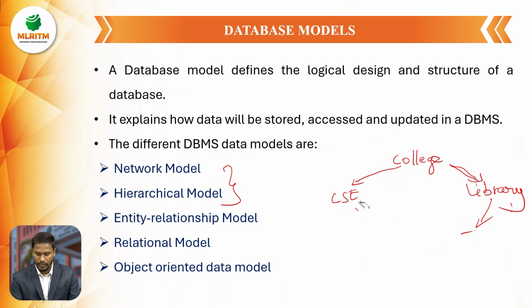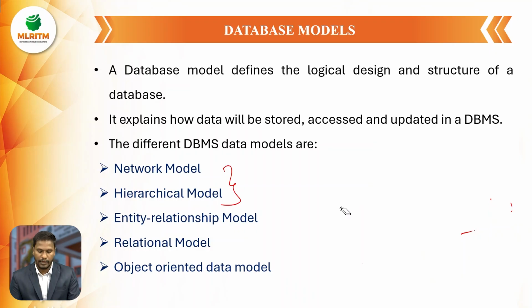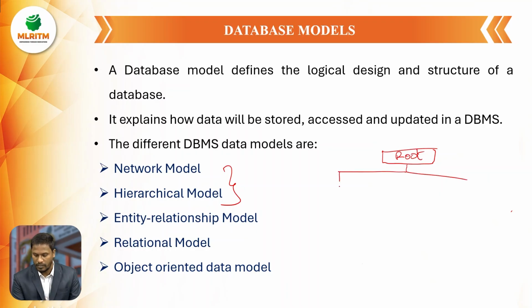Network model example. Let's take another one, the hierarchy model. Hierarchy model is nothing but, in olden days we were using tree models, like a root with binary tree, child and parent models. It is a root, it is having three children.